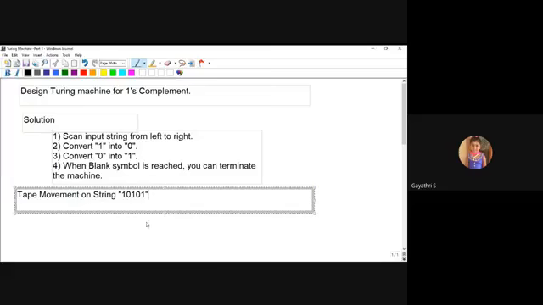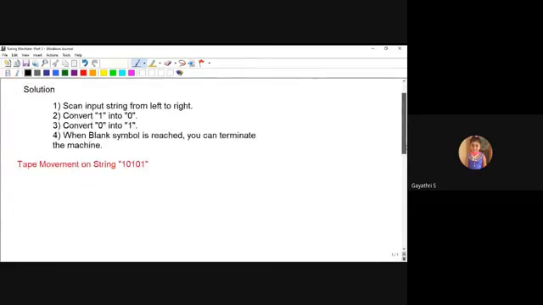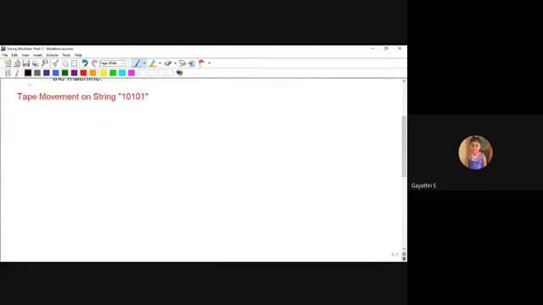For the tape movement, the first one, I will make both ends infinite, and your string starts at this position: 1, 0, 1, 0, 1. The remaining cells are filled with blank symbol.